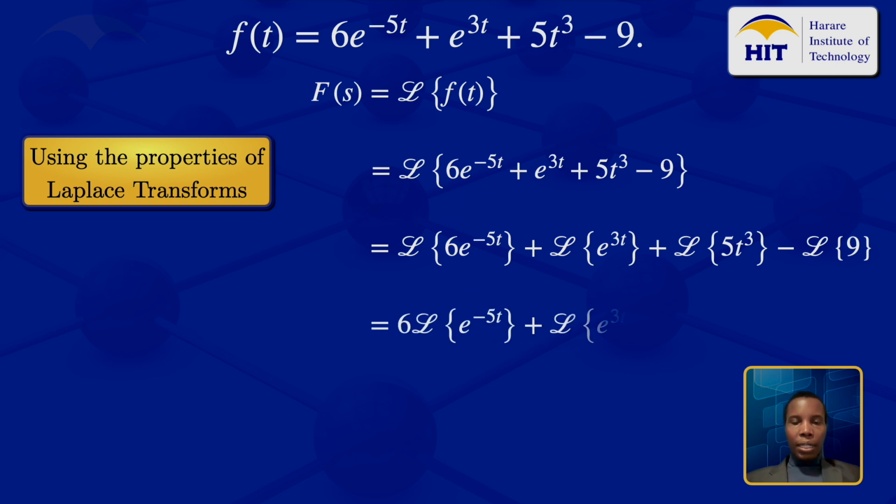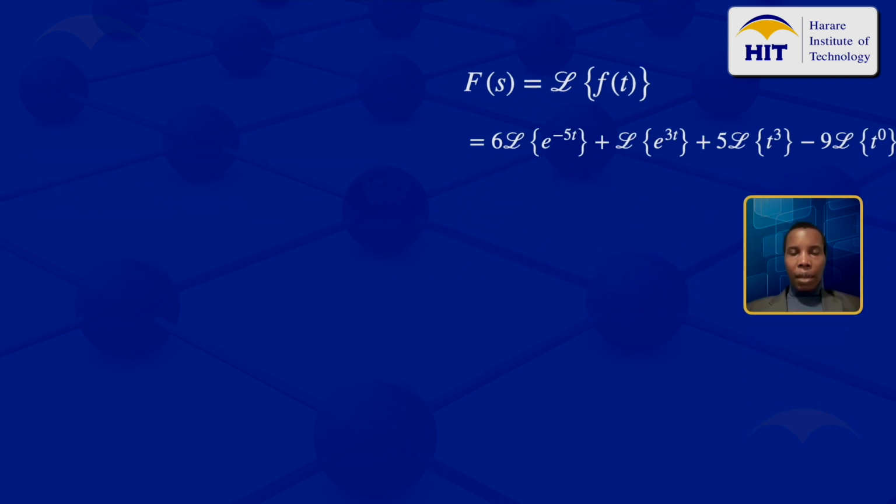So we have 6 multiplied by the Laplace transform of exponent of minus 5t plus the Laplace transform of exponent of 3t plus 5 times the Laplace transform of t cubed minus 9 times the Laplace transform of t to the power 0. Here we have t to the power 0 because when a constant is a factor, we remain with a 1, which we can write as a function of t, thus t to the power 0, which will enable us to use the tables. So this is our expression now.